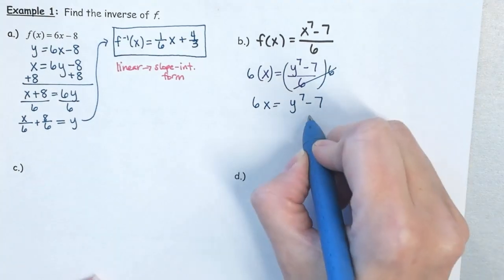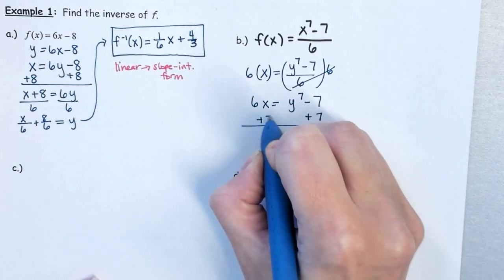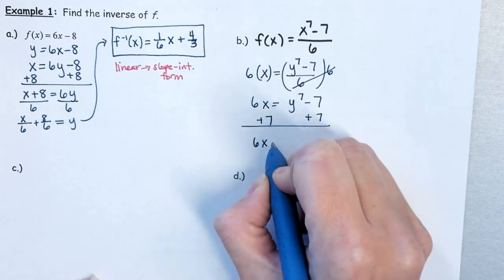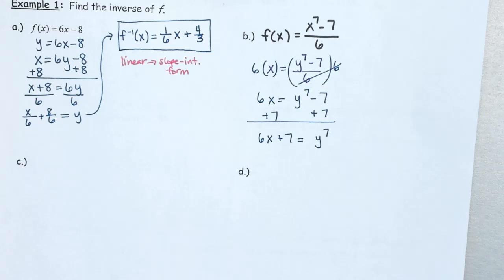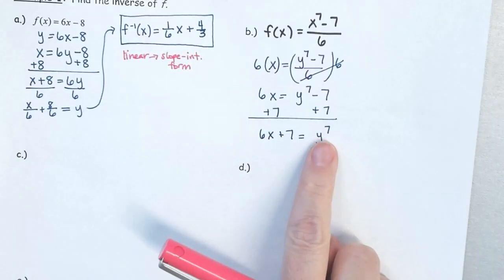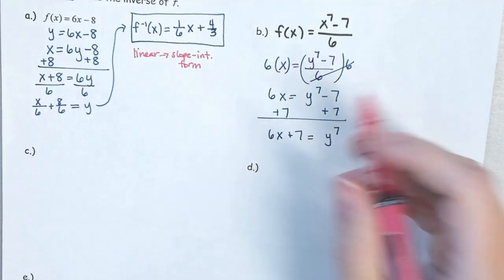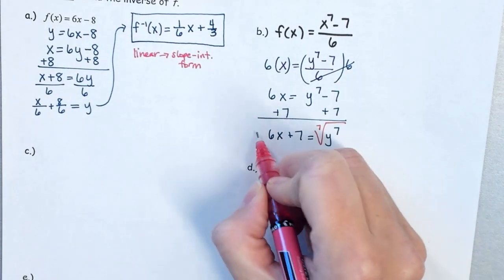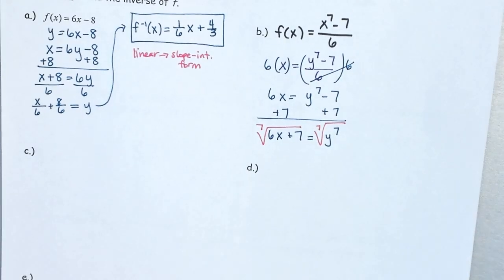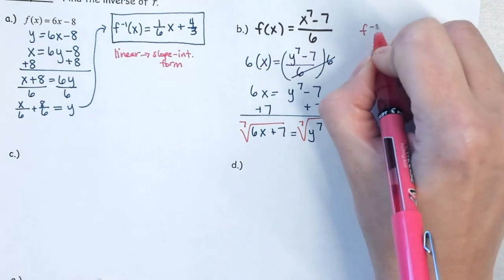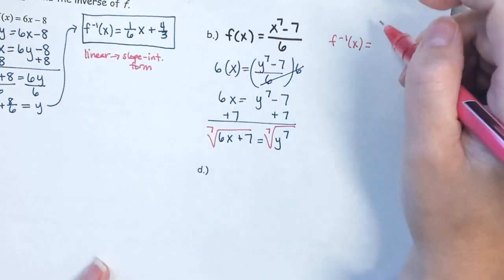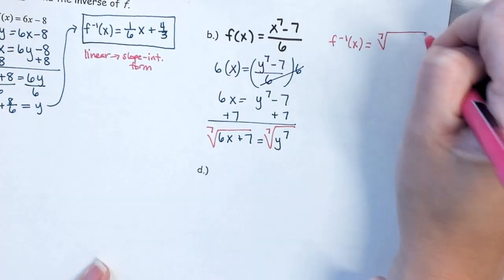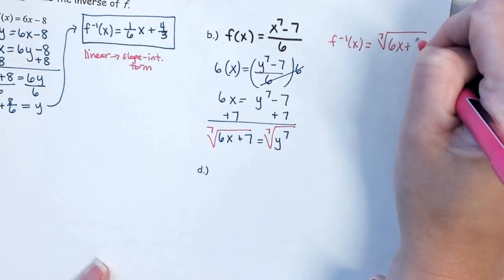I added 7. Good. Add a 7 to both sides. And then, Nolan, what'd you do for the next step? 7 through. Yep. Good. So remember, if this was a 2, you take the square root. So because it's a 7, we're going to take the 7th root. Okay, and then our last step is just to write it in that inverse function notation. So this is pronounced F inverse, and it's the 7th root of 6x plus 7.